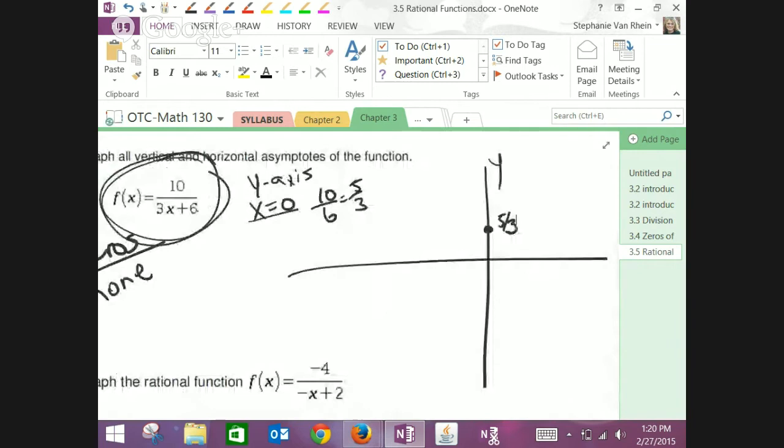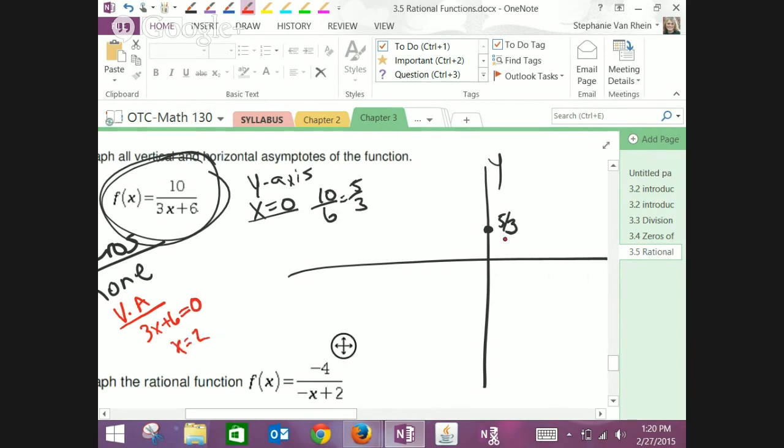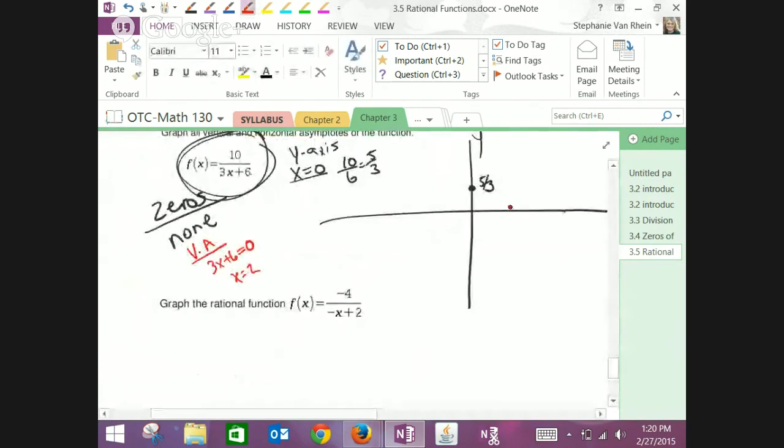Do I have any horizontal asymptotes? Well, first let's find the vertical asymptote. Vertical is up and down, so that's going to be when the denominator equals 0. 3x plus 6: when does that equal 0? When x equals minus 2. So on my graph, at x equals minus 2, I have a vertical asymptote.